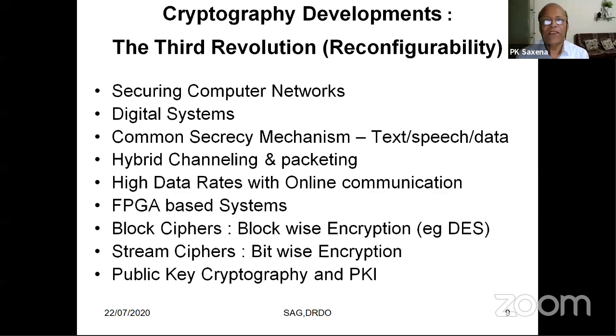The third revolution, as I talked about, was reconfigurability, where the whole encryption system, the complete crypto system, can be reconfigured. The same crypto system can be customized for different users. The total hardware may remain the same, but the algorithm and other methods like key generation, the initial permutations and post processing can all be reconfigured in the system itself, because they all reside on an FPGA, which is by definition reconfigurable.